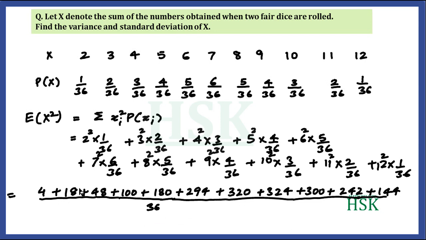Now the summation of all these values can be written like this, and this can be written as equal to 1974 upon 36 or 329 upon 6 by cancelling this value by 6, and this would be equal to 54.83. So E of x square, or summation of xi square into p of xi, would be equal to 54.83.